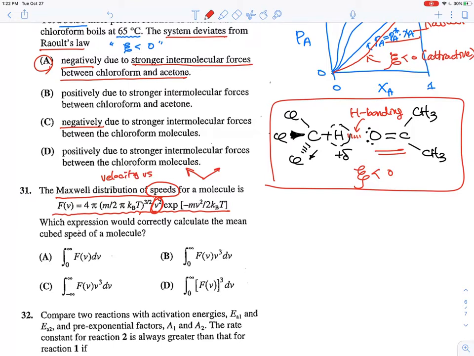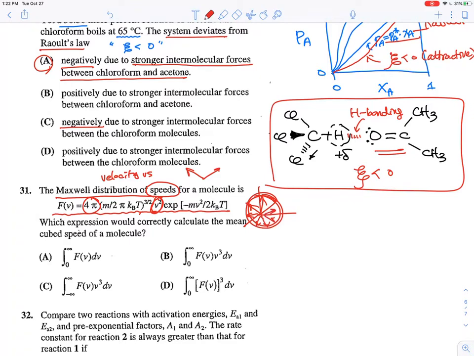Without it, this is a velocity distribution, but the speed distribution has a constant: 4 pi v squared is the one with constant speed, regardless of the direction you are pointing in three-dimensional space.